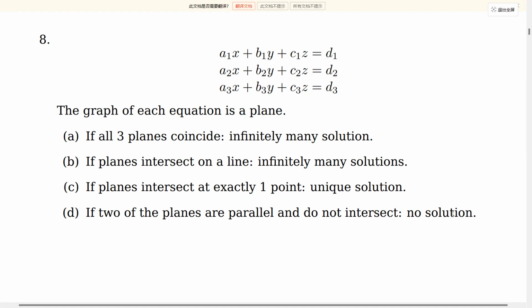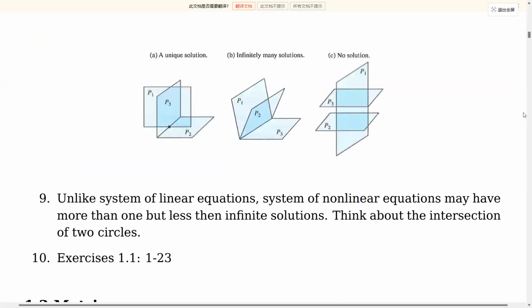So if you get two parallel planes, then they never intersect. So in that case, you get no solution for the system. So this is the situation here. You can see a unique solution here, an infinite solution, just look at the sections of those planes, and no solution, right?